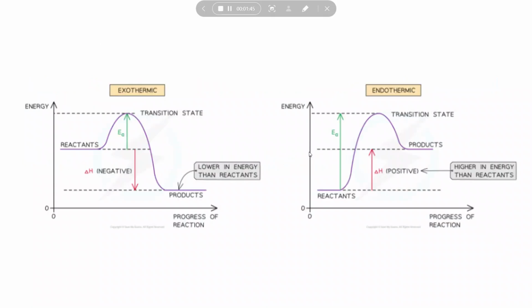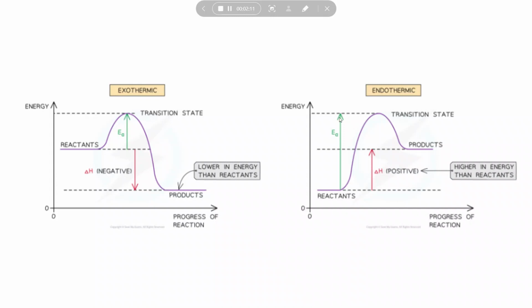Now, for your exams, you will have to know how to identify activation energy and enthalpy change in energy diagrams. You can identify the activation energy, which, for exothermic reactions, is from the energy of the reactants to the transition state, to the peak.